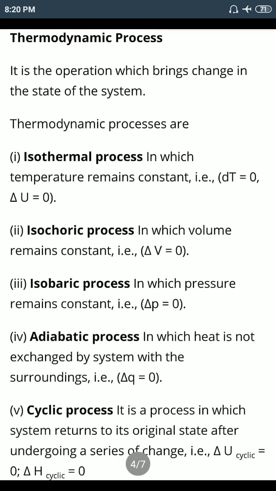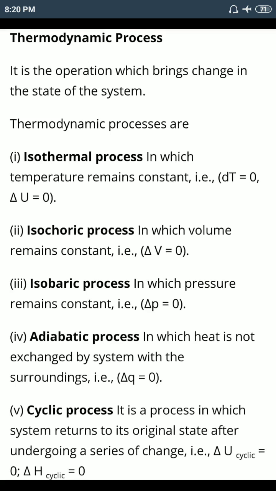Next, there are various types of thermodynamic processes. First is the isothermal process. We will discuss it in detail later, and we will also find the expression of work done in isothermal and adiabatic processes. Other processes are not included in your syllabus, but you should still have an idea about them.